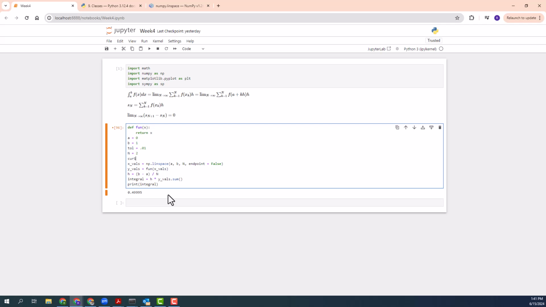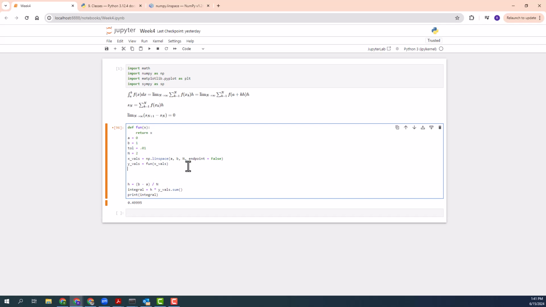So I'm going to start off the first iteration outside of the explicit loop. Current s is equal to this right here.